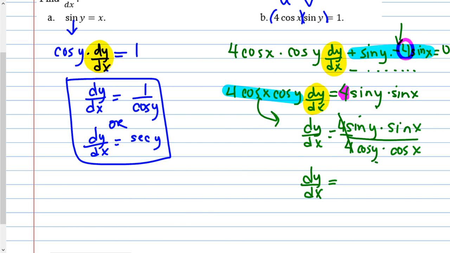Or, sine y over cosine y is tangent y, and sine x over cosine x is tangent x.